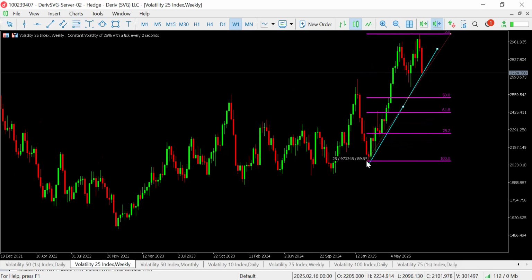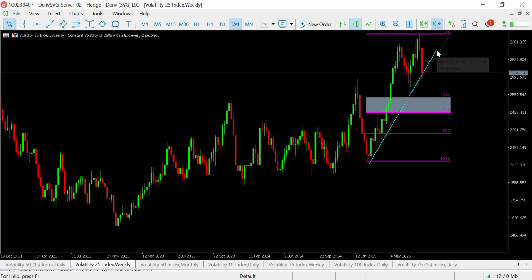The logic is that the zone between the 50% and the 61.8% mark of the Fibonacci retracement tool is what I usually refer to as my Fibonacci retracement golden zone. That's because oftentimes it acts as a strong resistance or support zone to price retracing in a trending market.